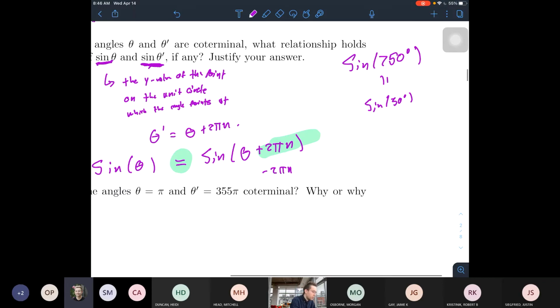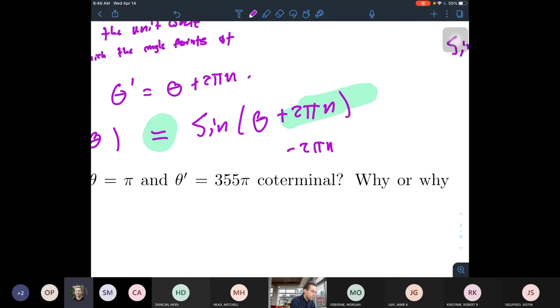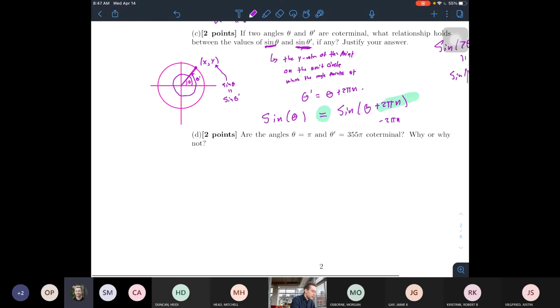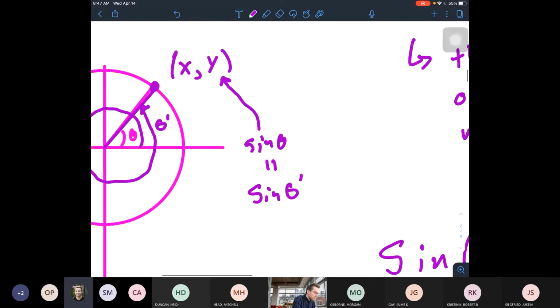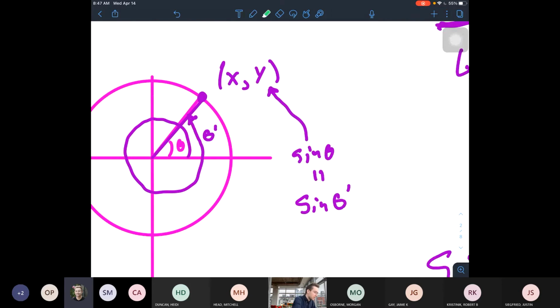Okay, yeah, so minus 2 pi n is still equal. Here's how you can see why. If I have the unit circle and I subtract 2 pi from this angle, let's see what happens. If I take this angle and subtract 2 pi, then it's like I go around in the clockwise direction by 2 pi.